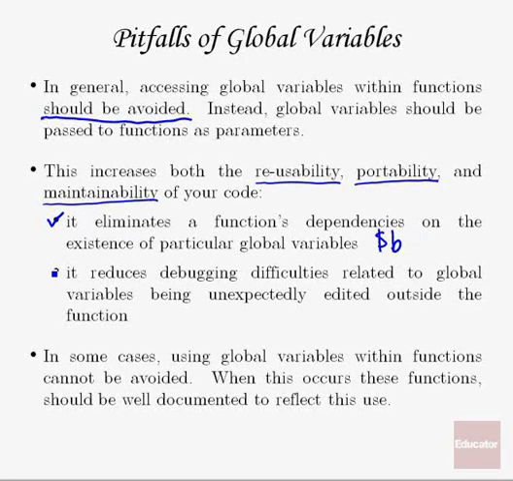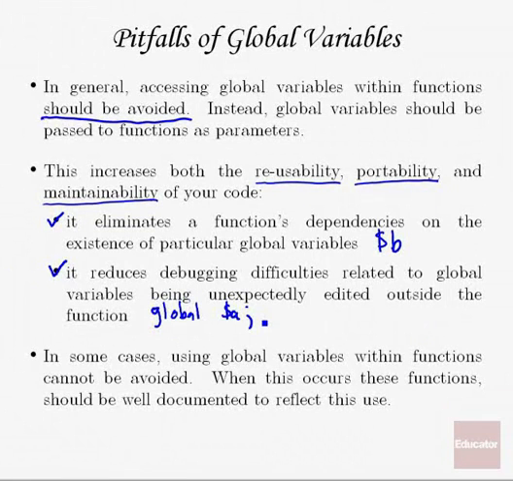The other thing it does is, by not using global variables in functions, it reduces your debugging difficulties related to global variables being unexpectedly edited. So for example, if within a function we're using the global variable A, and we're doing some processing on A, we expect A to be whatever the value is when the function started.